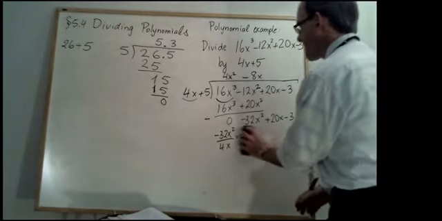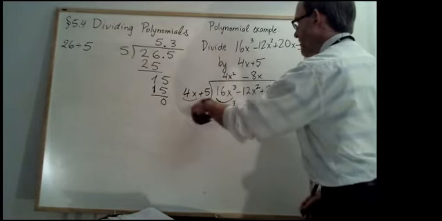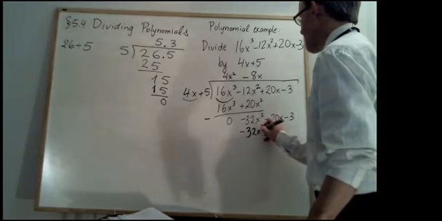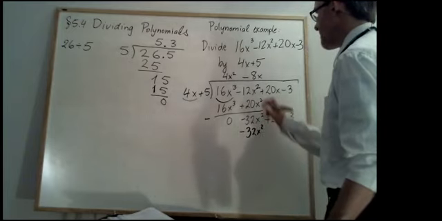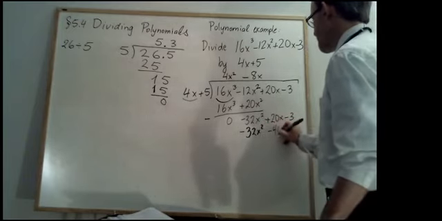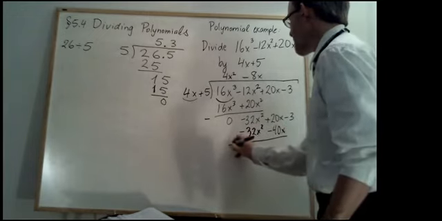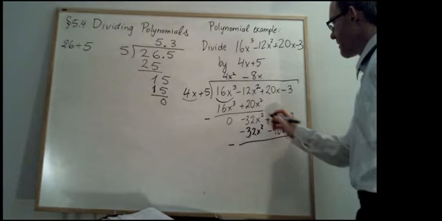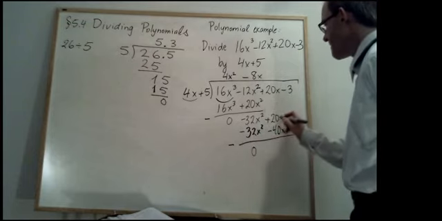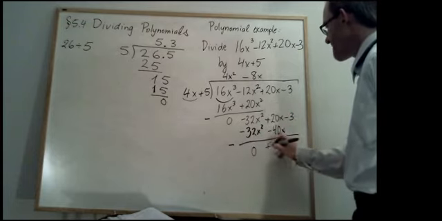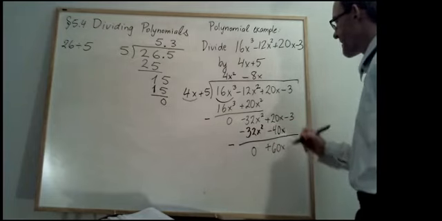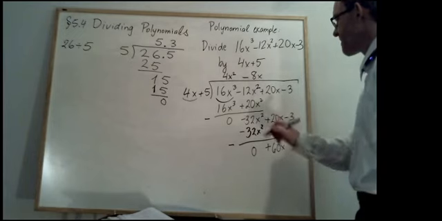Now minus 8x times this whole 4x plus 5 is minus 32x squared, and then minus 40x. Subtract. So this will cancel now. I'll get 0. Here I'll get plus 60x because I have 20x minus negative 40x. So watch the signs.